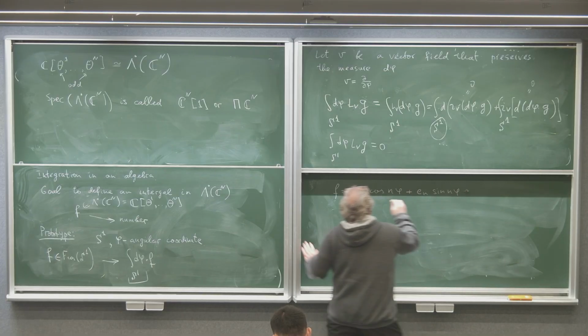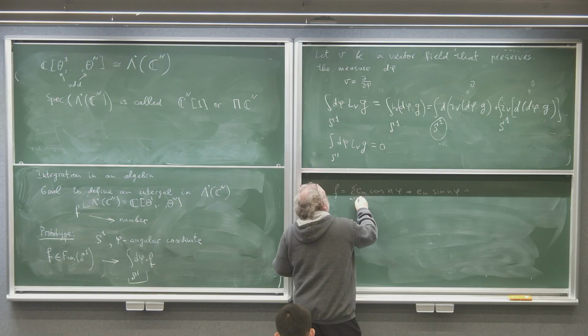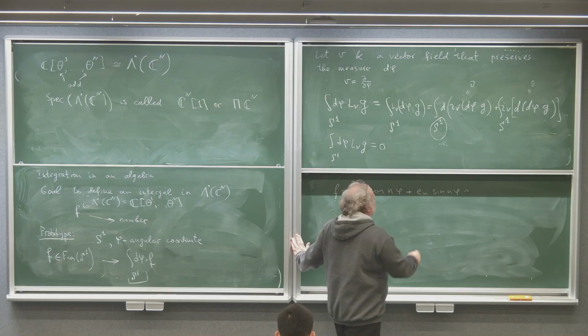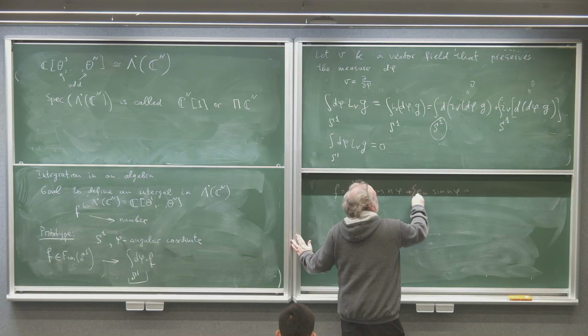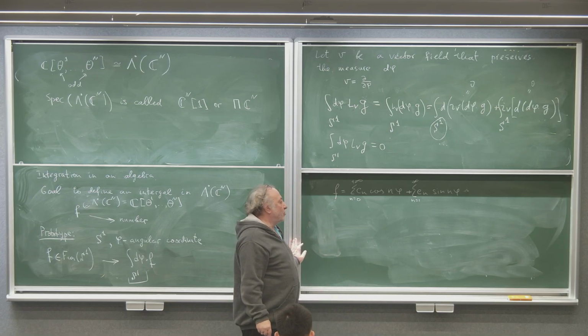Okay. So here the sum goes from n from 0 to infinity, and here the sum goes from 1 to infinity, because the sine of 0 phi equals 0.